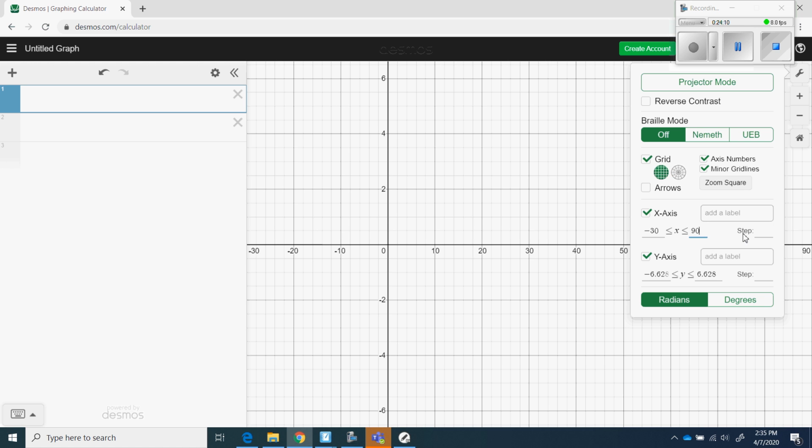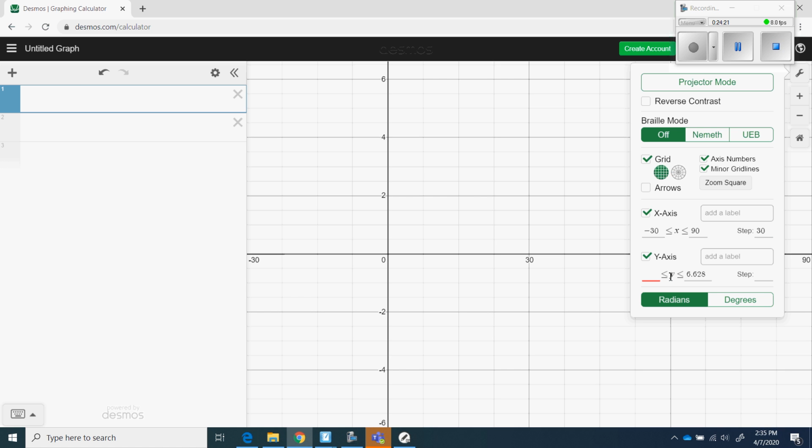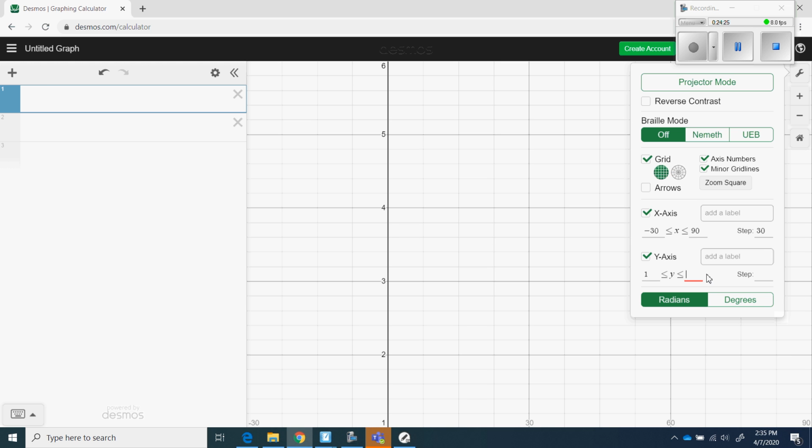And remember, step is another word for scale. And our scale was 30-degree blocks. The y-axis, you remember it went up to 0. I'm going to go a little bit higher. So I'm going to make it go to 1. And I'll make it go down to -5, let's say. And I want to be in degrees.